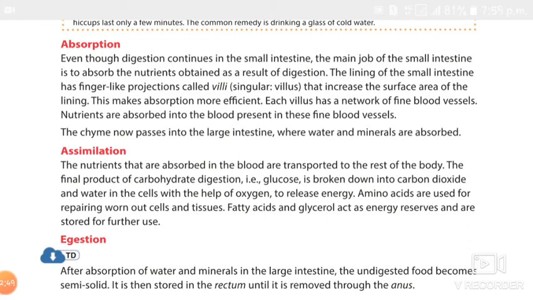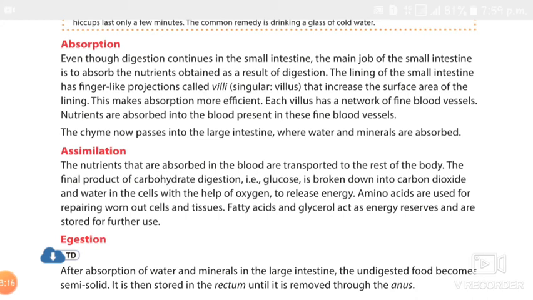After all the useful nutrients from the digested food are absorbed into the blood in the small intestine, the remaining undigested food materials pass into the large intestine. Here the water and minerals are absorbed from the food.